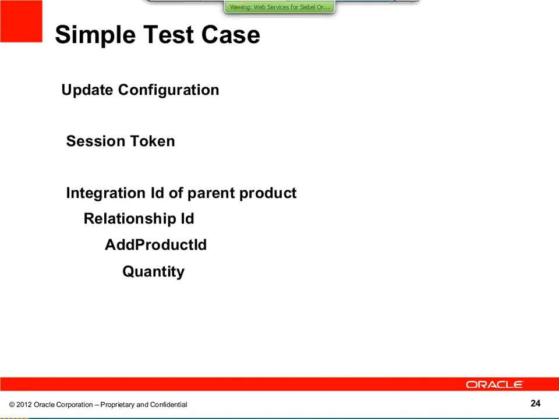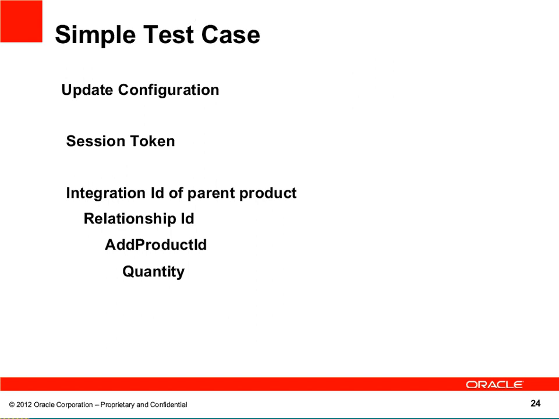We have a simple test case, and here, what do we need to do in update configuration? We need to work with the same session again. For this reason, we need to use a session token to connect to the same session where the configurator has already loaded the information for the quote, the instance.